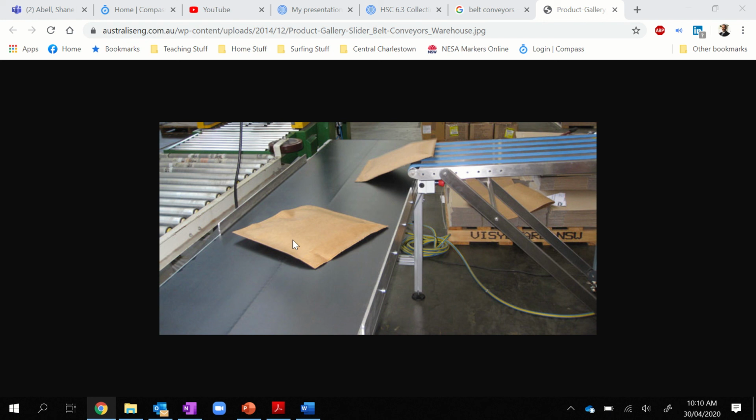So when the parcel comes down here and travels to this point, we need to make sure that the stamp hits this parcel at the exact correct moment. And when it does it correctly, that is defined as critical damping.